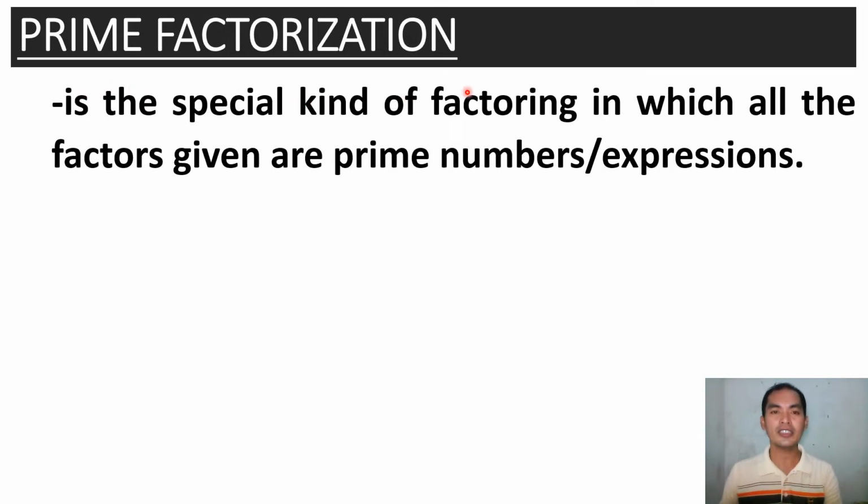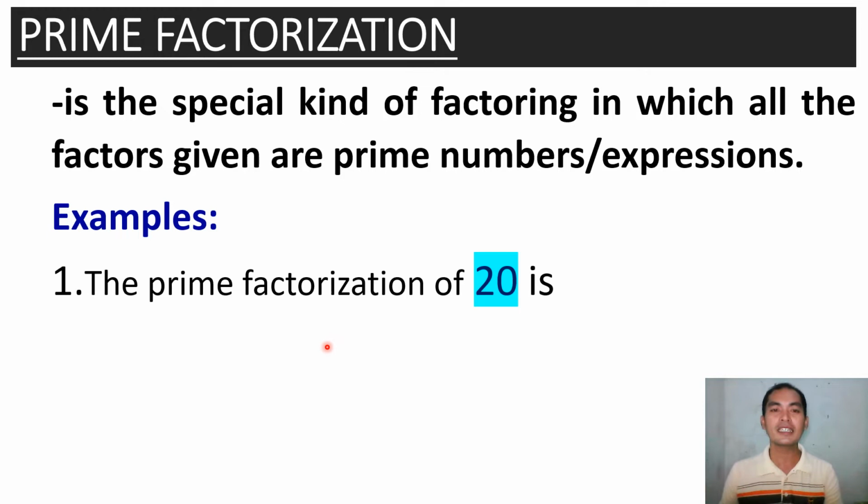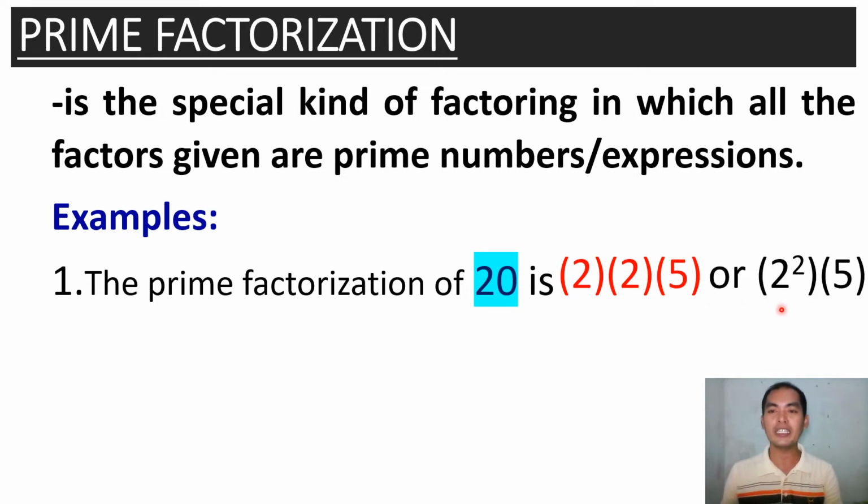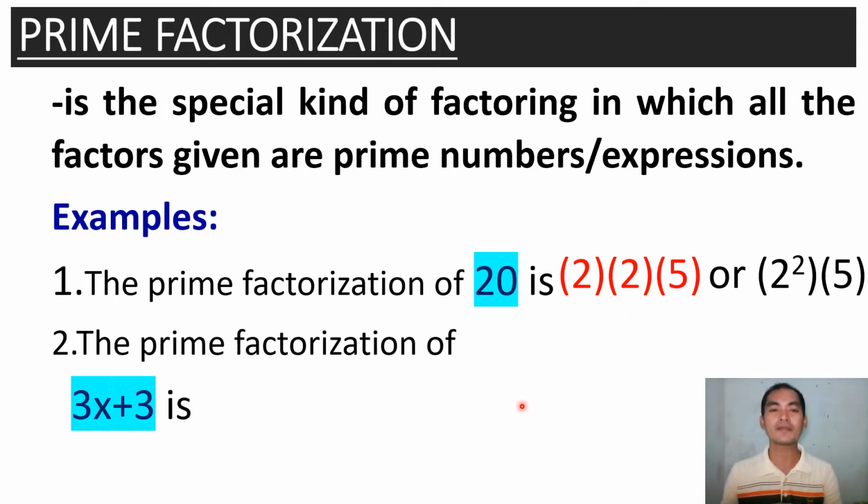Prime factorization is the special kind of factoring in which all the factors given are prime numbers or prime expressions. Examples: the prime factorization of 20 is 2 times 2 times 5, or can be expressed as 2 squared times 5. You use 2 only once as a base and 2 as an exponent as the number of 2 as factor.